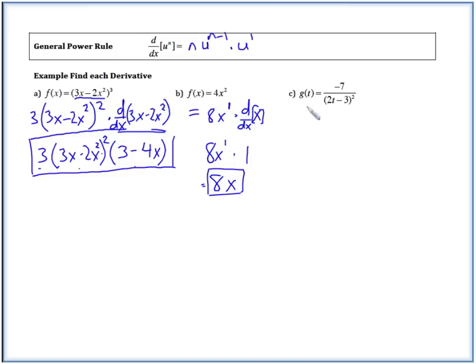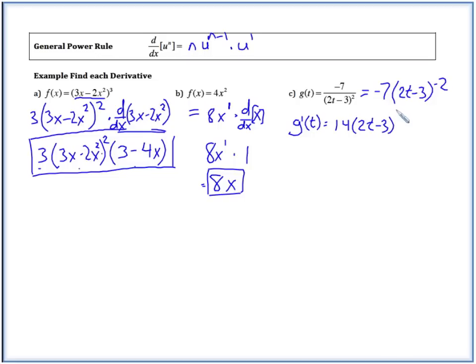Alright, for our next example, we're going to try out this general power rule again. And here we have a constant over a function, so we're going to rewrite this with a negative exponent. And let's go ahead and find our derivative. So here we have negative 2 times negative 7. It's 14. And we're going to leave the inside for now.